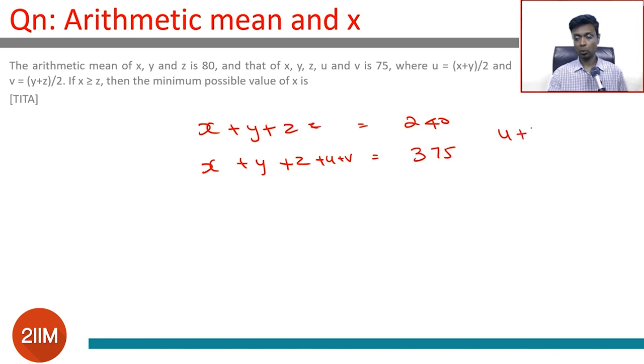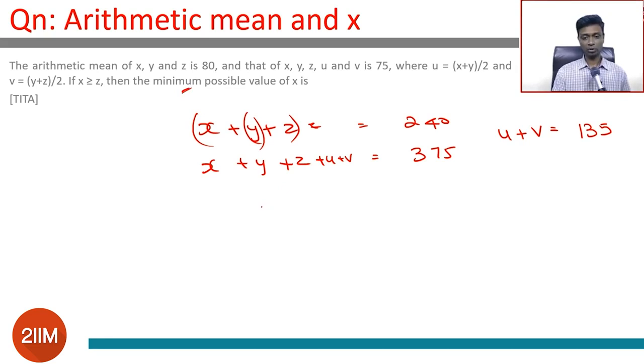Or u plus v is 375 minus 240, which is 135. Where u is (x plus y) by 2 and v is (y plus z) by 2. Then what is the minimum possible value of x?